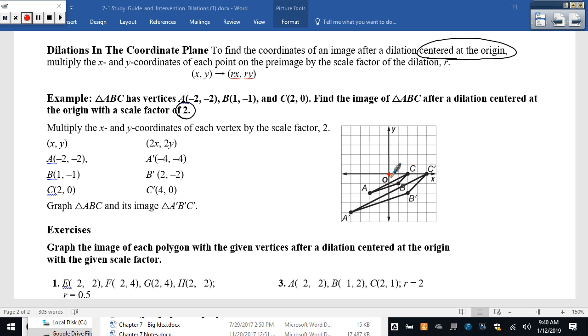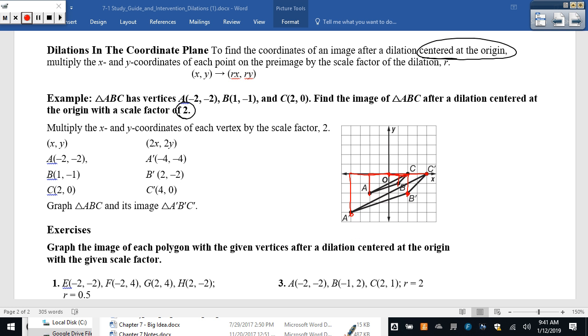How far is it to C? Well, that's over 2. Well, if it's twice the distance from here, it should be over 4. And we have that right there. Okay. So you can test it to make sure that works out there. If this is over 1, down 1, over 1, down 1, if I go twice as far, over 2, down 2, I've got my new point. If I go left 2 and down 2, if I go left 4 and down 4, okay, I've got my new point right there.